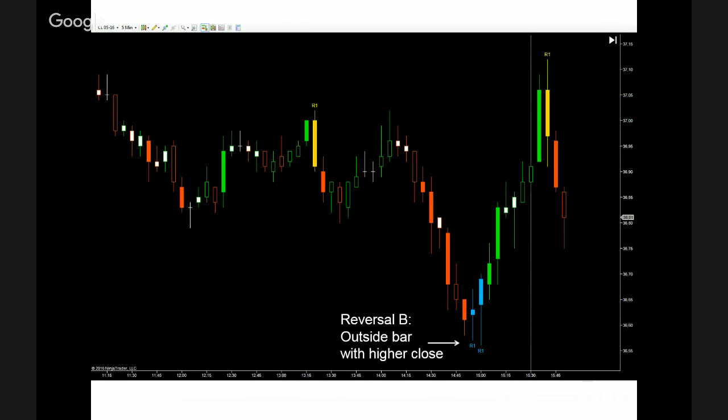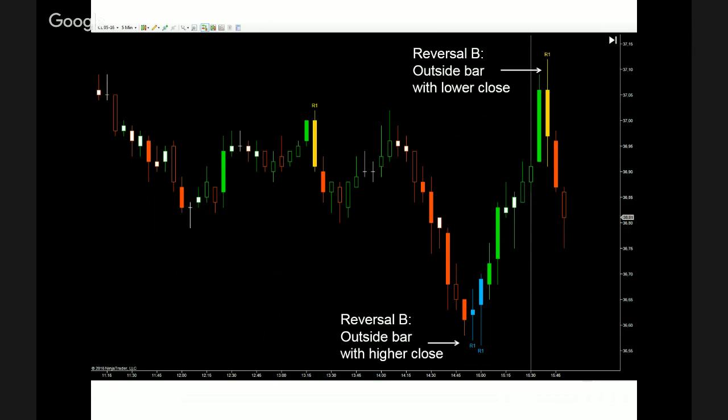And then we have type B, a reversal up, an outside bar with the high and the low of this bar being outside of the previous bar again, and this time with an up close, so a higher close than the previous bar.